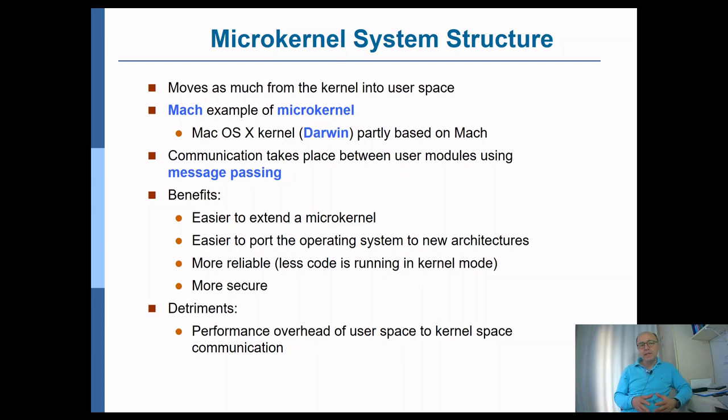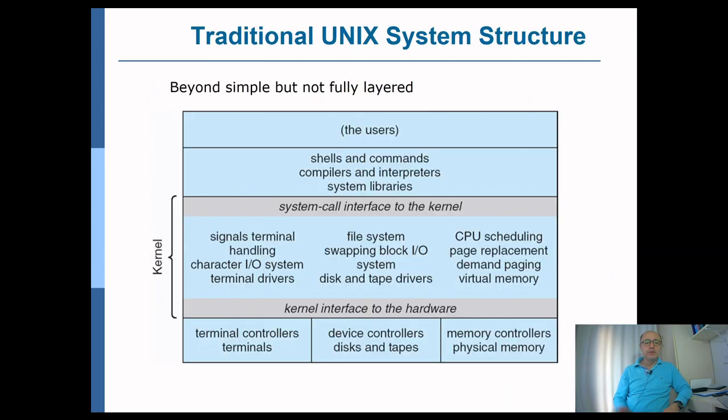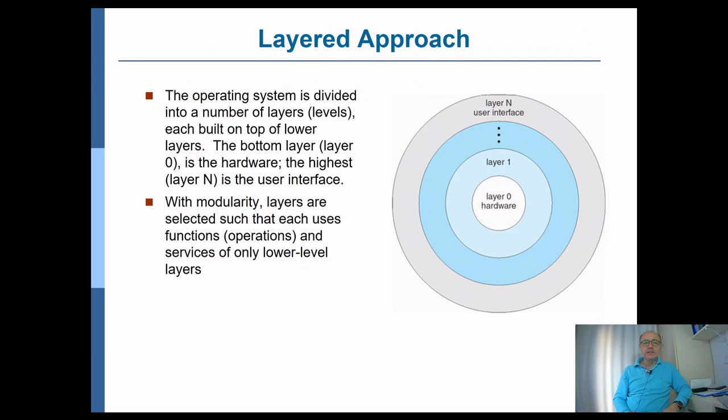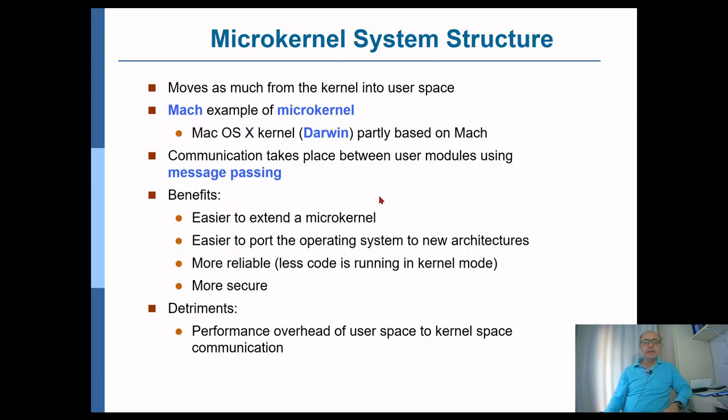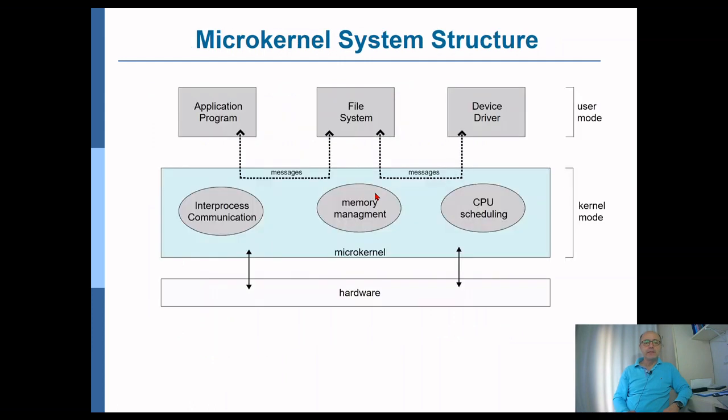As the name implies, it is a very small kernel. That's why we call it the microkernel. The kernel this time has limited services compared to the previous case of Linux. Remember, in Linux, we were providing all of these services in the kernel, whereas in this case, we have only the basic services provided by the kernel.